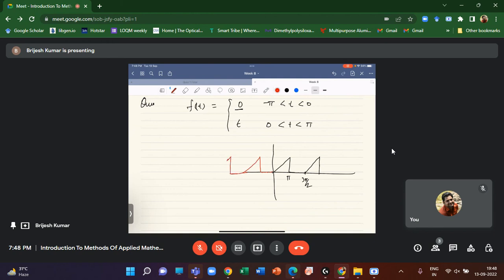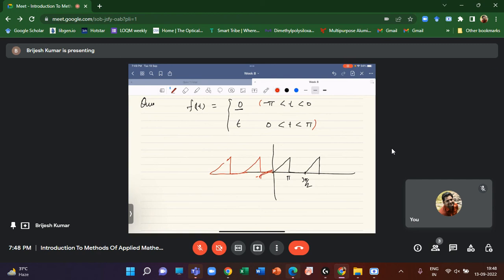I just want to understand the concept of the period, why you are putting it as zero. See, the interval is minus pi to pi. From minus pi to 0 it will be 0, so we sketch this line. The left hand side we understand.